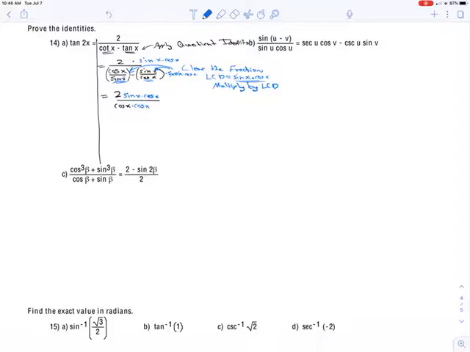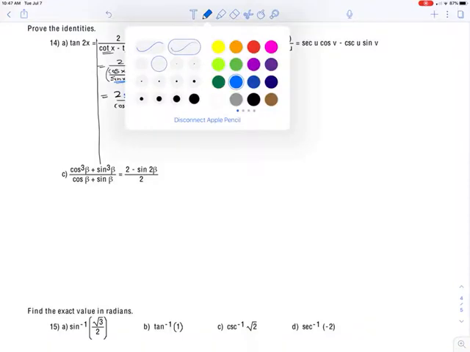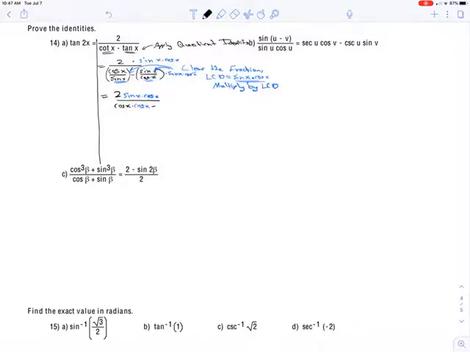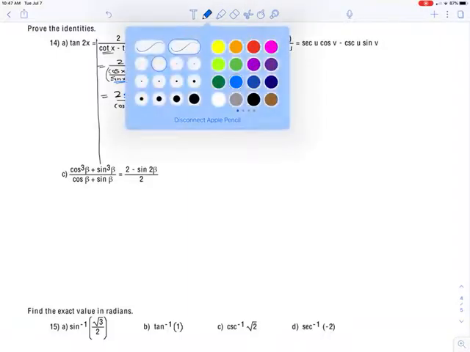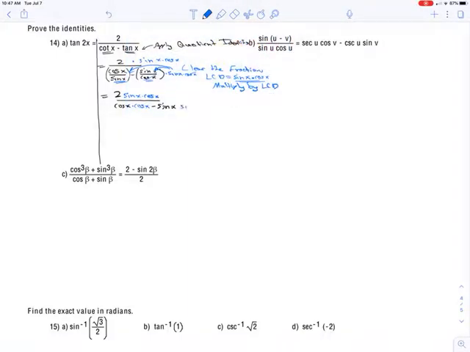And then as we distribute to the next term, we multiply sine x over cosine x times sine x cosine x. The cosines divide out, and that'll leave me with sine times sine. So let's go ahead and write that down. What's left in our second term? We've got a sine x times a sine x.